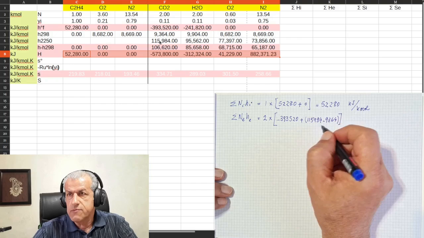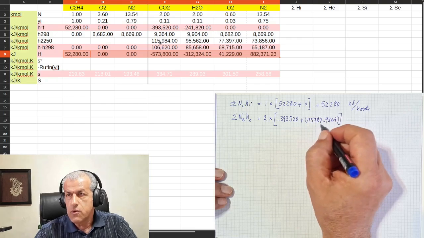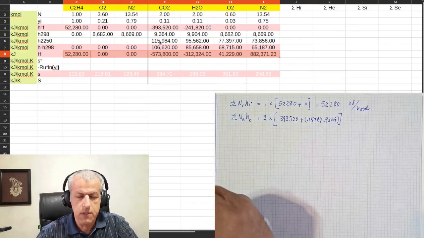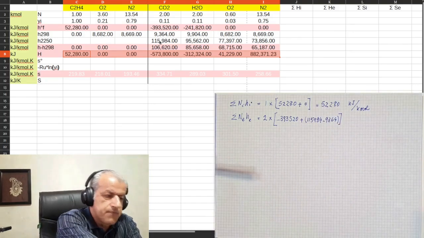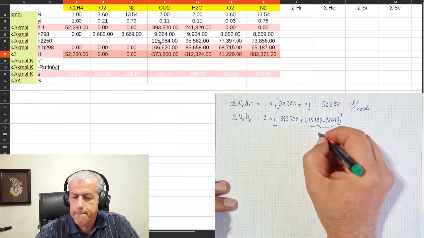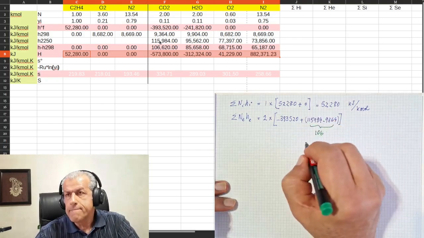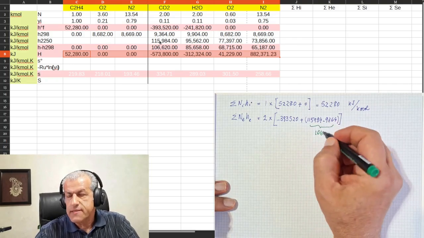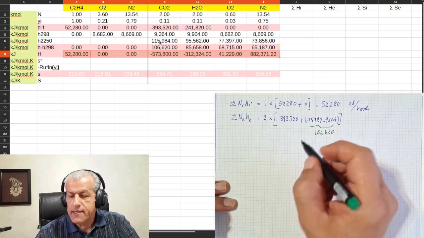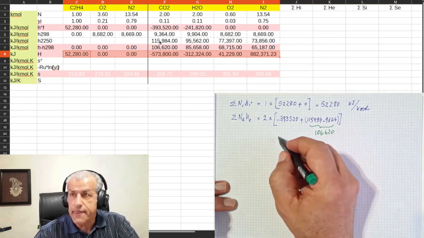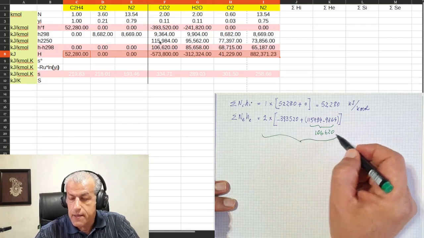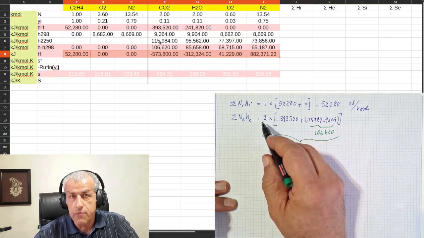The difference between these two is 106,620, and it's also multiplied by 2.